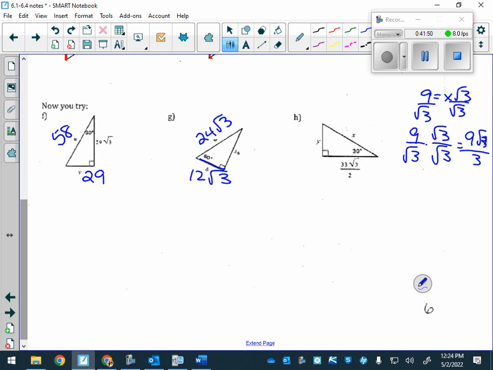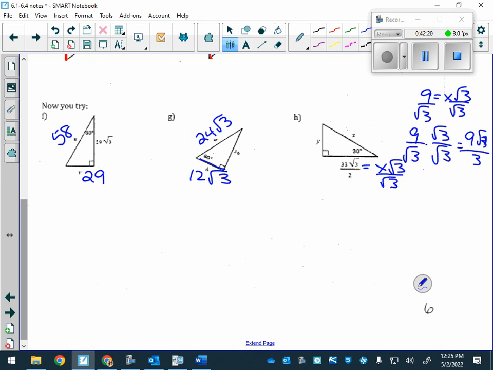And last but not least, we have H. Okay, Finn, what is Y, which is the shorter side length? Okay. Emily. Okay. Abigail? For Y? Okay. Someone get something different? Brian? 33 over 2. Because this is across from 60 equals to x root 3, right?